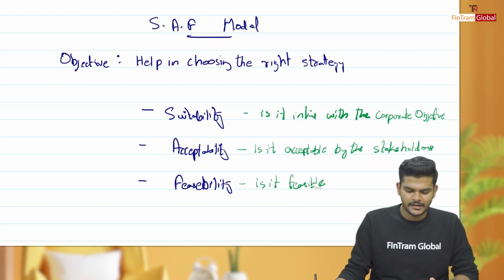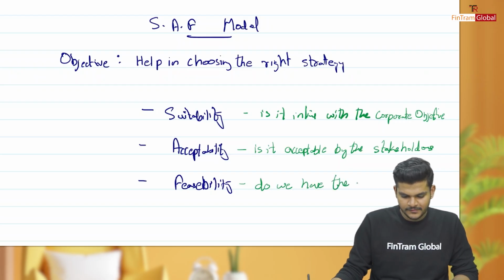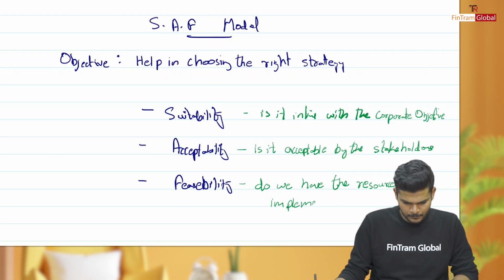Well, that kind of sounds kind of obvious, right? So let me just rephrase that into something like: do we have the resources to implement the strategy?